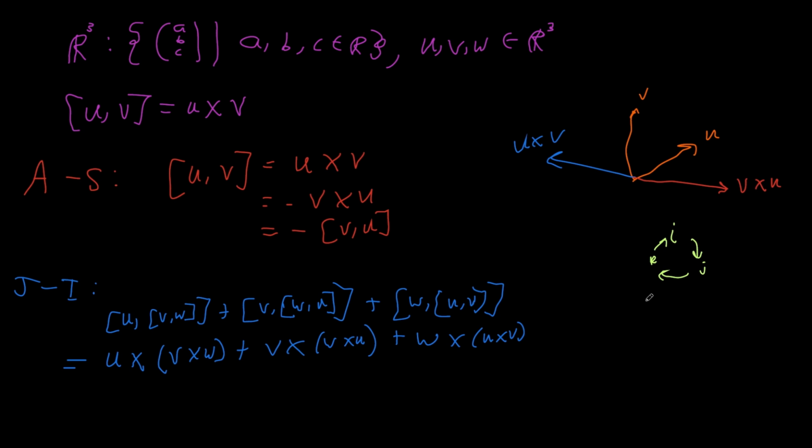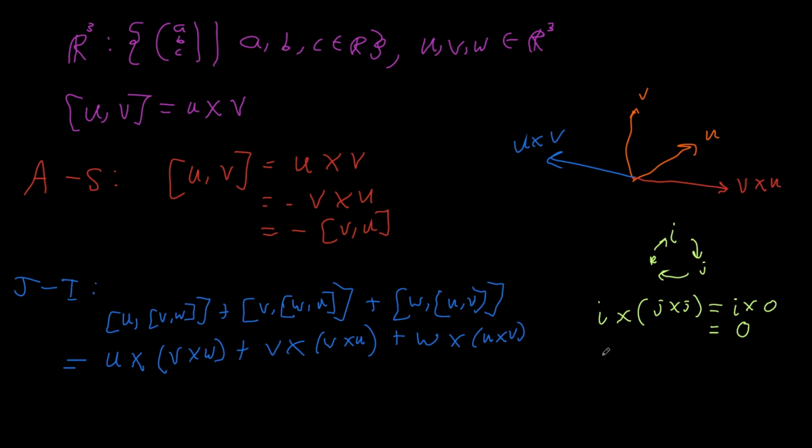Let's consider (I cross I) cross J. Any element crossed with itself is 0, so we have 0 cross J, which is the 0 vector.